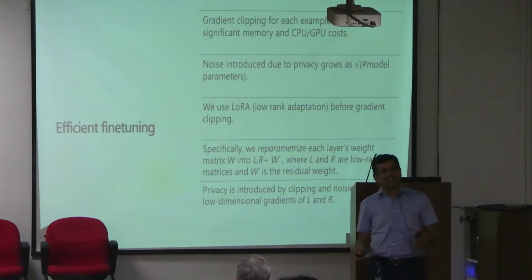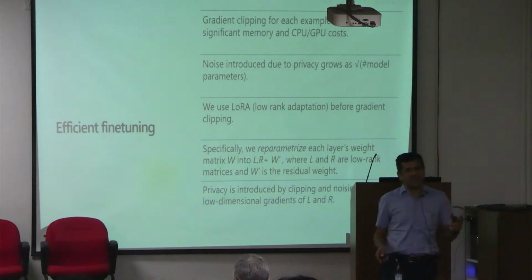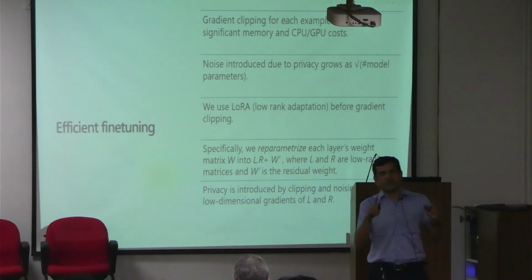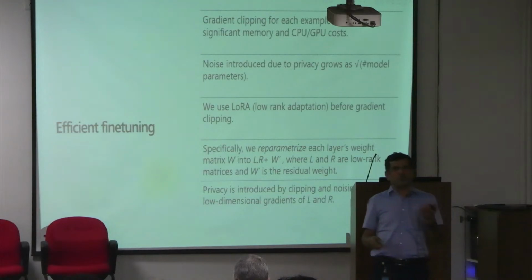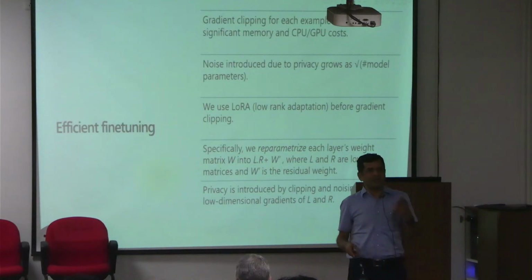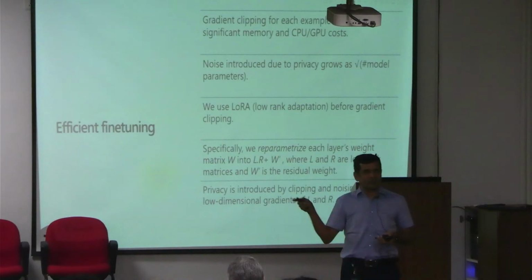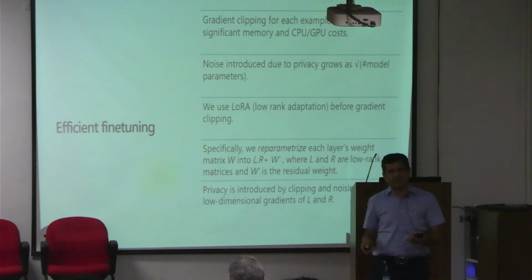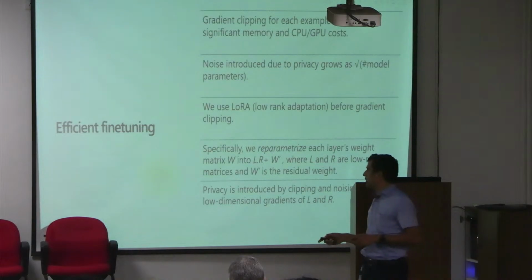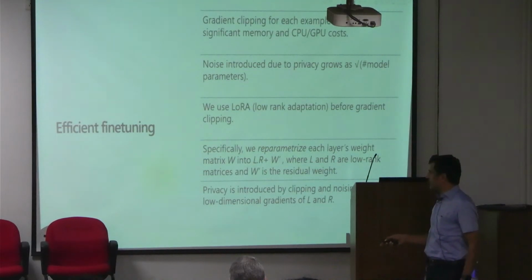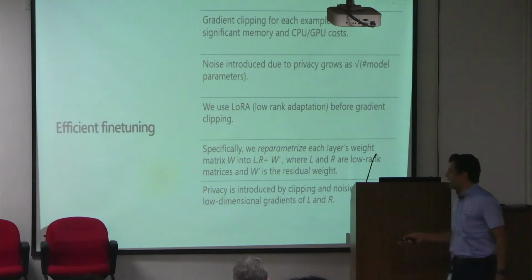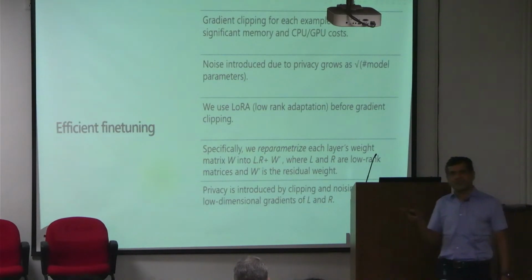In simplistic terms, you represent the weight matrix W as L times R plus W dash, where L is the row matrix and R the column matrix, and W dash is the additional component.